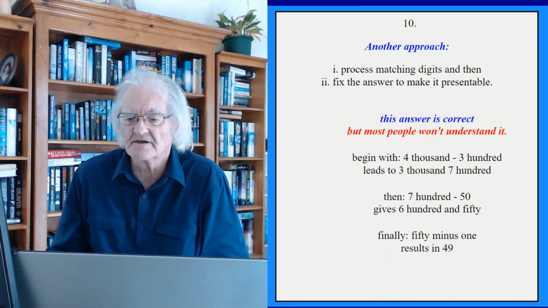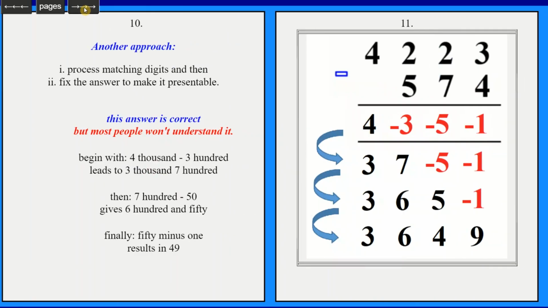So if we have a look at an example of how this is done, there's the same calculation we had before. We simply subtract the digits in each column. But if we start with 3 and remove 4, we have a deficit of 1. We call it negative 1.